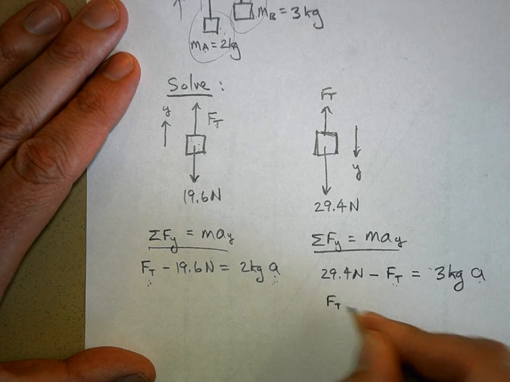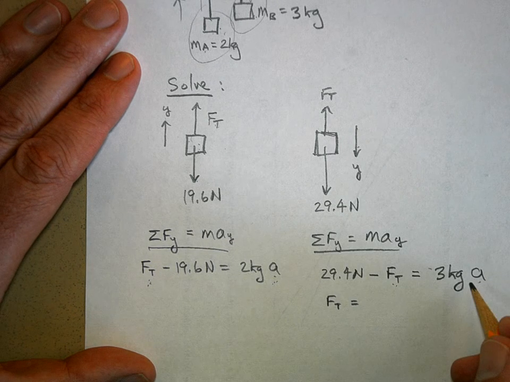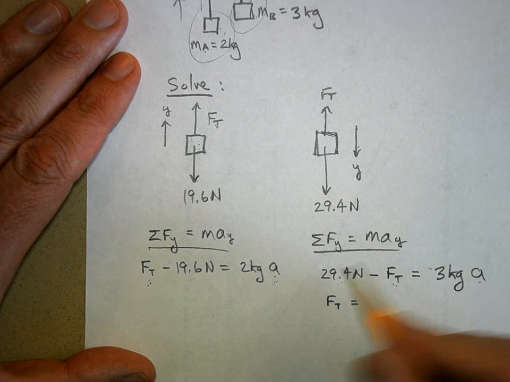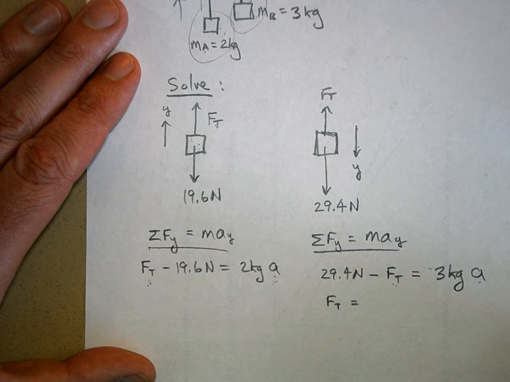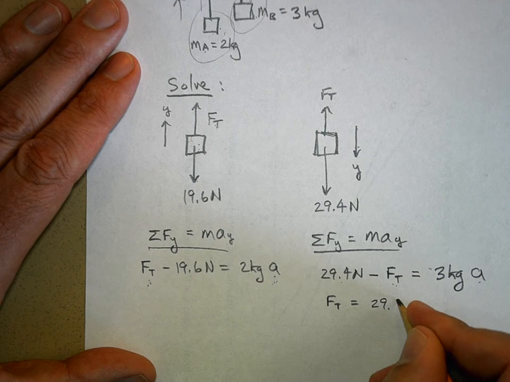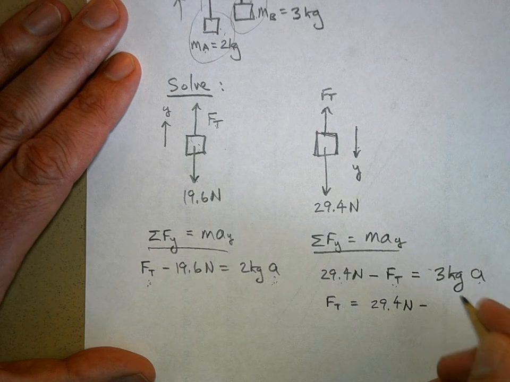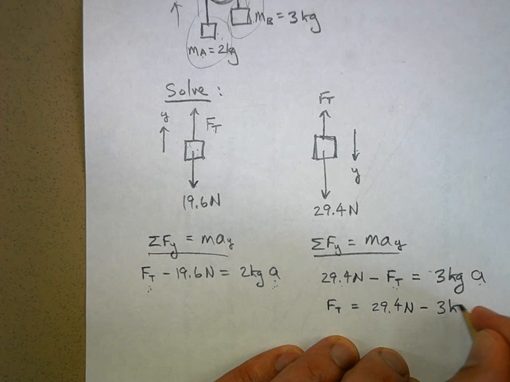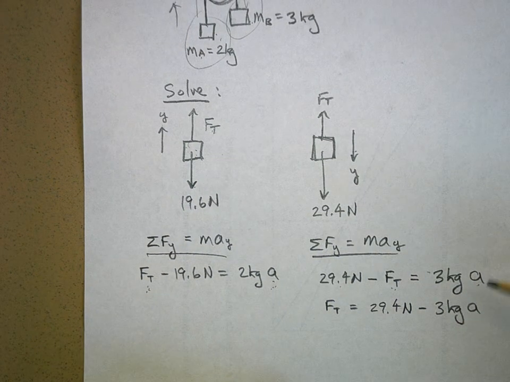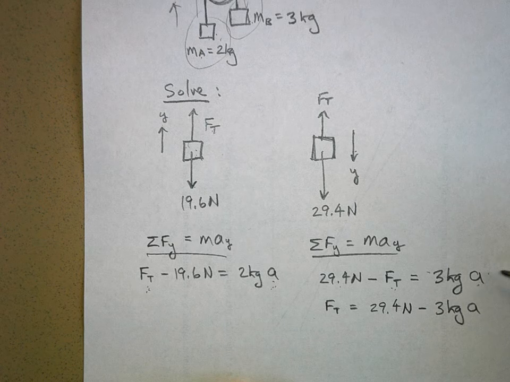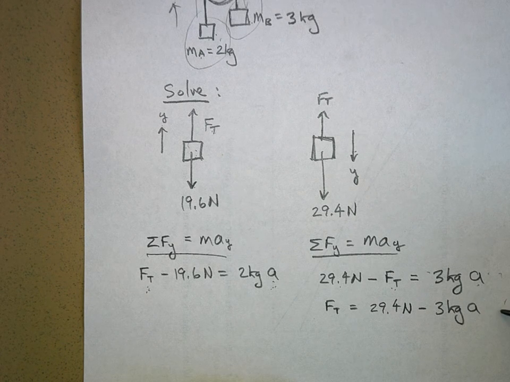So the tension force is going to be equal to, we'll subtract this from the other side and then multiply by -1. This is going to be 29.4 newtons minus 3 kilograms times a. Now I did this in one step. Just go through the algebra carefully on your own if you need to.